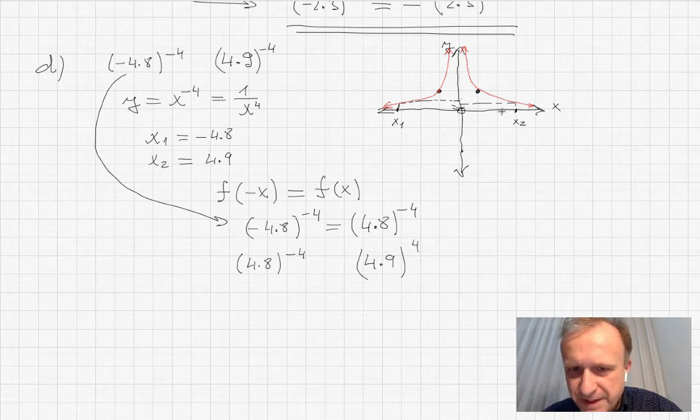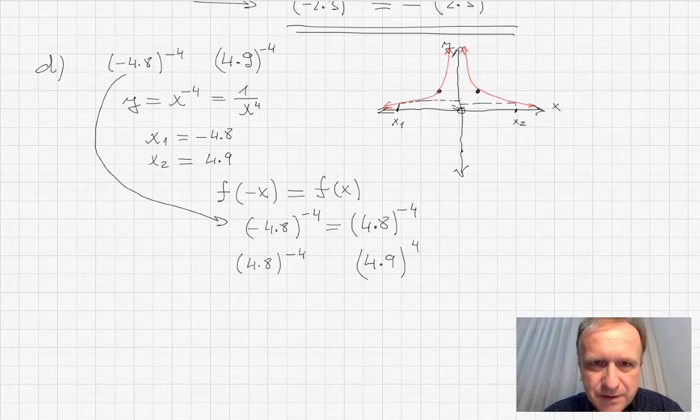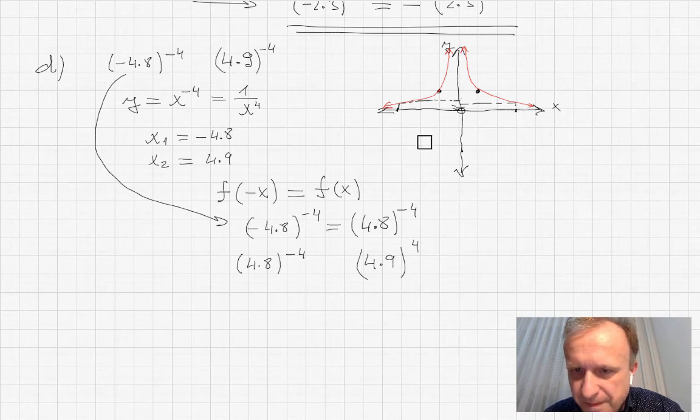So 4.8 is here. Well, let me draw it again. I will just wipe this off this screen and say 4.8 is a number which appears somewhere here, and 4.9 is a number which appears here.